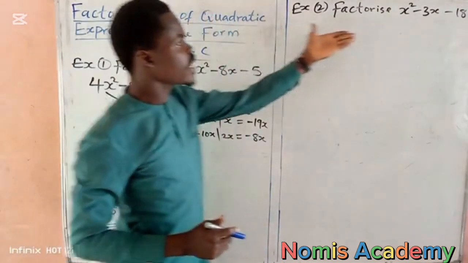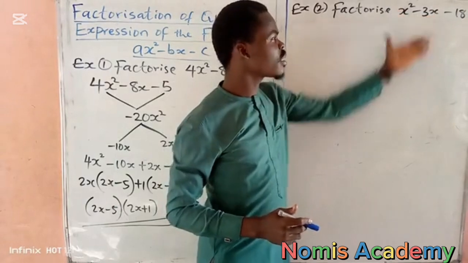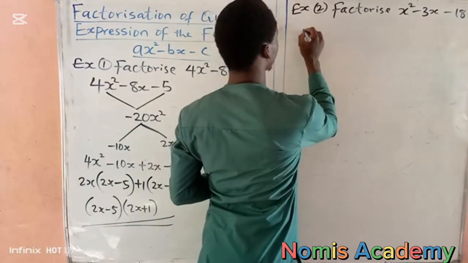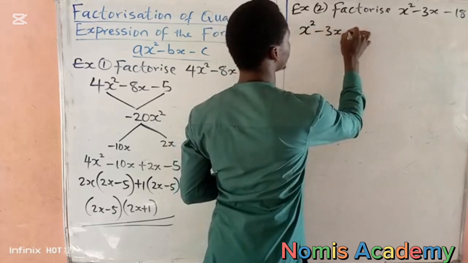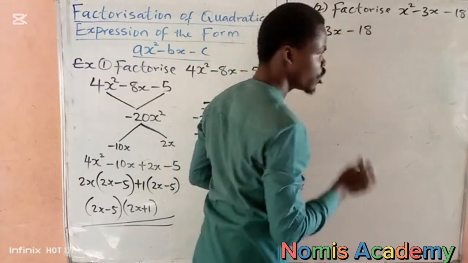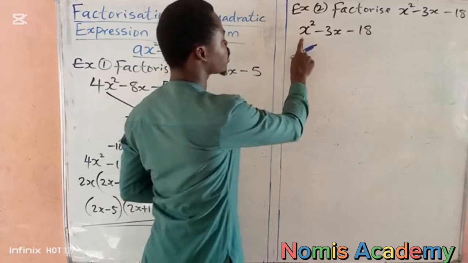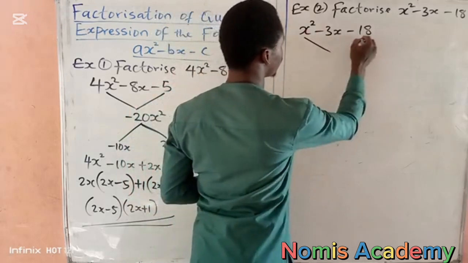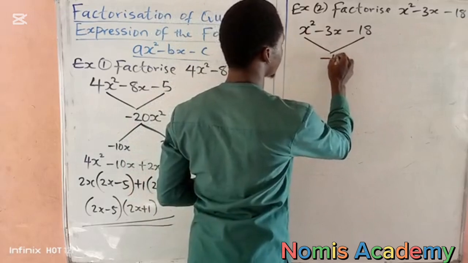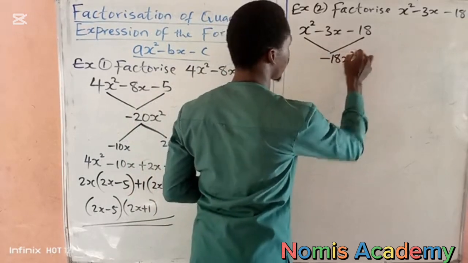So let's learn how to factorize this. Now write the question again. x² minus 3x minus 18. You know the next thing to do, to multiply the first term and the third term, and that will be minus 18x squared.